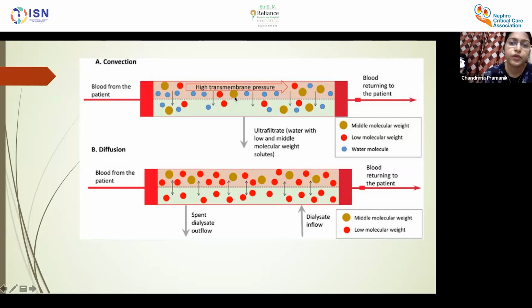On the other hand, in convection, there is a semi-permeable membrane and a high transmembrane pressure. This is driven by the pressure gradient, and the small as well as the middle molecular size particles move from the blood to the dialysate because of convection.